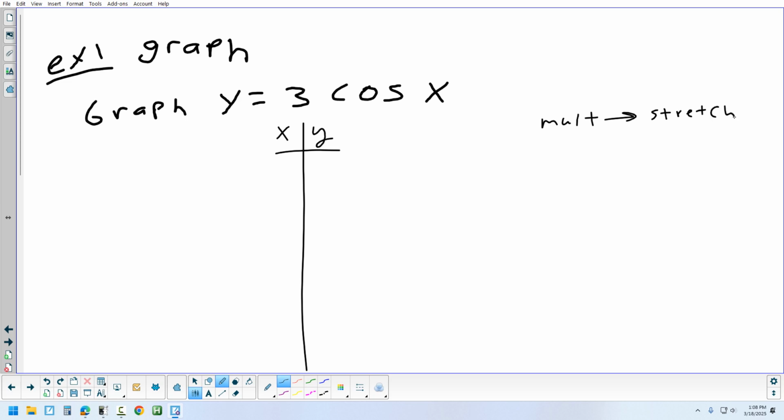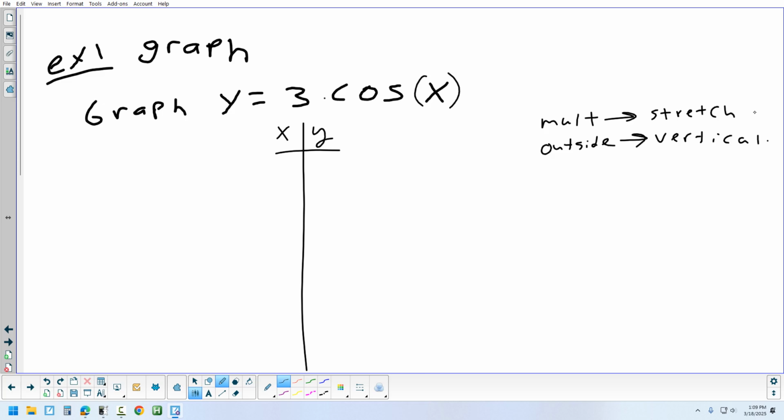Okay, since we're multiplying by 3, we know it's a stretch. And then where are we doing it? Inside or outside? Outside. Inside would be inside those parentheses. It's not inside the parentheses. So we're multiplying, which means it's a stretch. We're multiplying on the outside. Outside is always vertical. That's what makes this a vertical stretch.